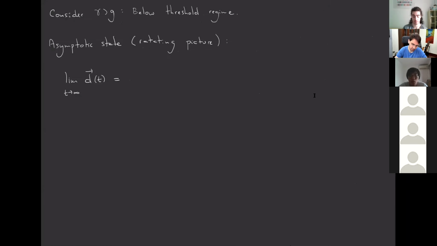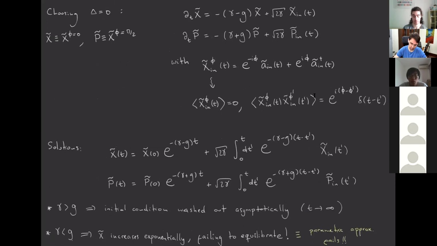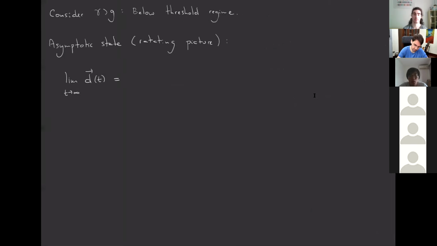Then, if I ask you what is the mean value of this Gaussian state, if you just look at this expression, you see that for time going to infinity, the initial condition doesn't matter. And then the input part is equal to 0 because the expectation value of the input operator is equal to 0, okay? So this is 0, 0.